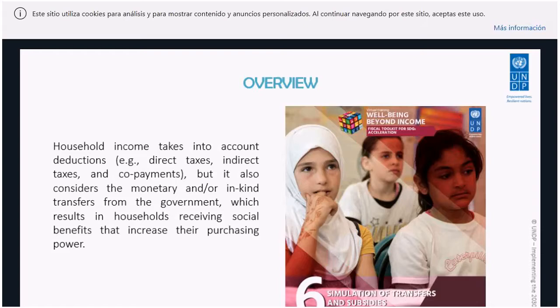So the effect of social redistribution on the well-being of households and individuals occurs not only in terms of cash, in terms of public transfers made in cash, right? So, for instance, as I said, let's imagine a poor individual, a poor household, they receive a public transfer as part of a conditional cash transfer scheme.